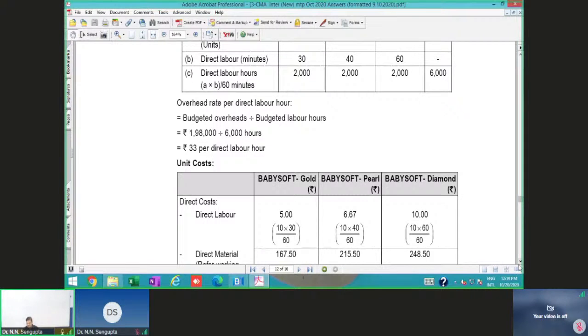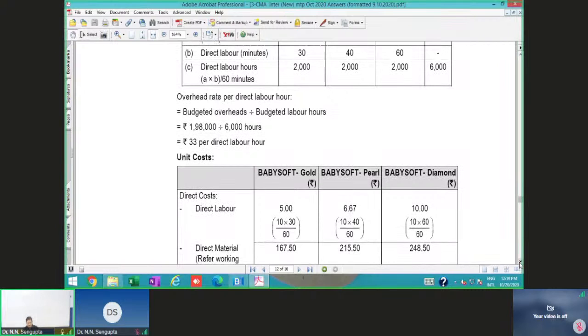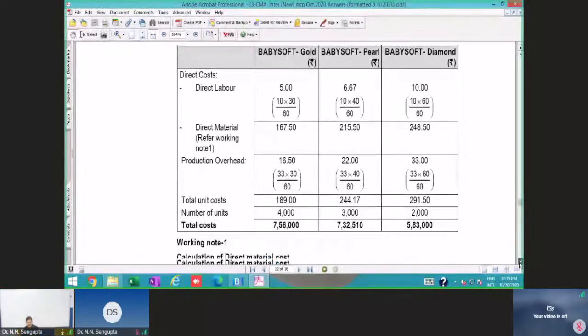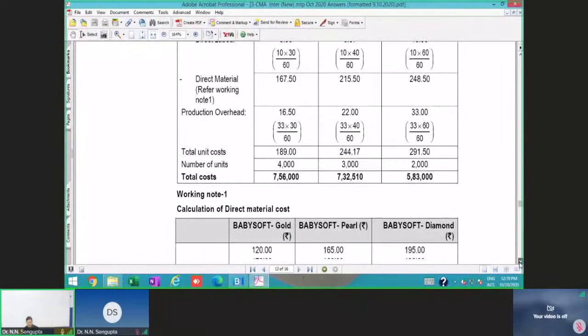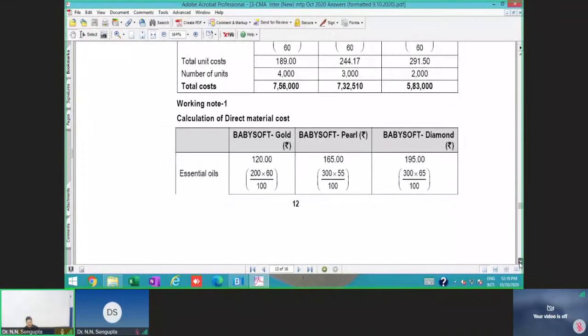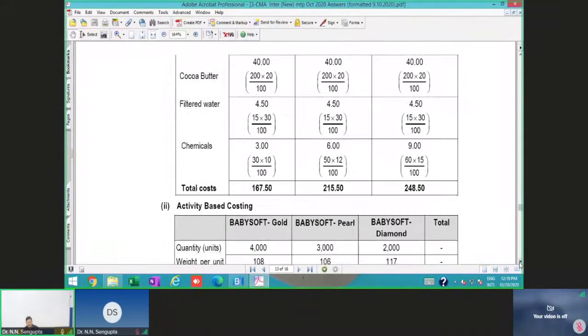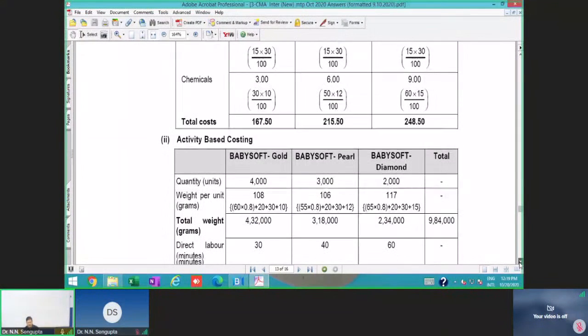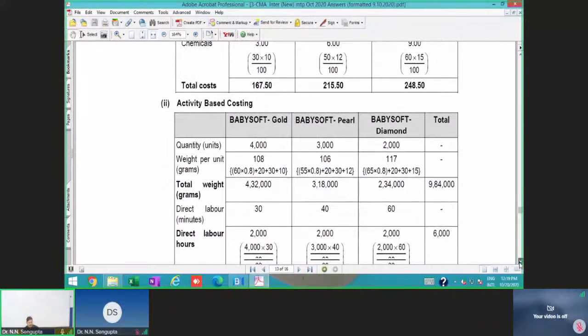So Baby Soft, as I was telling you, these are the unit costs. So total unit cost we have got. We have calculated direct material for different products, and then from here basically the ABC starts.